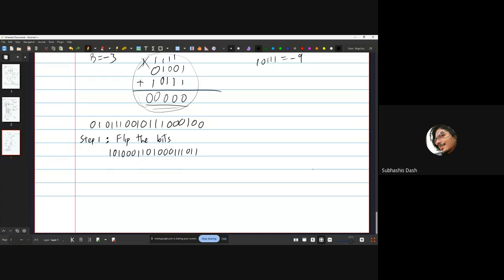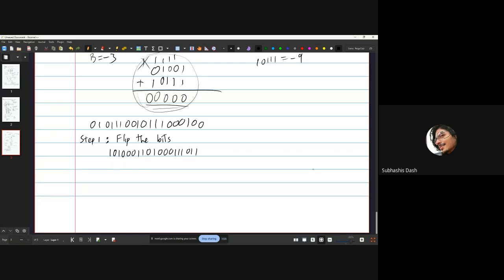That's correct, Gohar. Every single digit will become 1. Think about it: 0 plus 1 is 1, 0 plus 1 is 1, 1 plus 0 is 1. Correct. Every single digit will become 1.